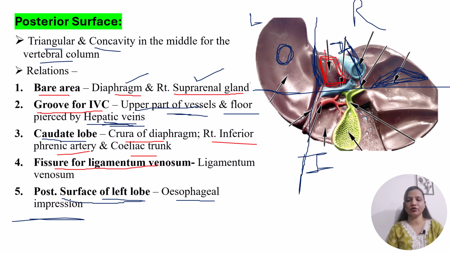Then the caudate lobe is related with the crura of diaphragm, right inferior phrenic artery and celiac trunk. And the fissure for ligamentum venosum, an important point, accommodates ligamentum venosum. The posterior surface of the left lobe has the esophageal impression, meaning it is related with the esophagus.